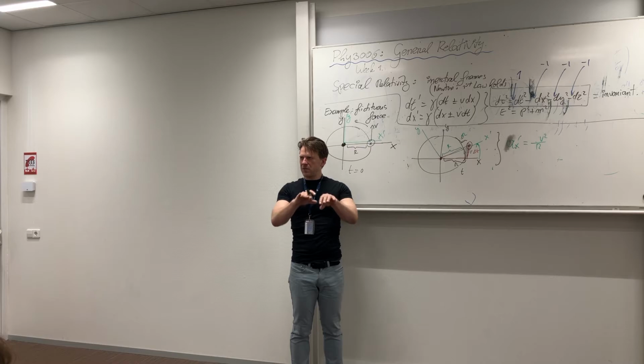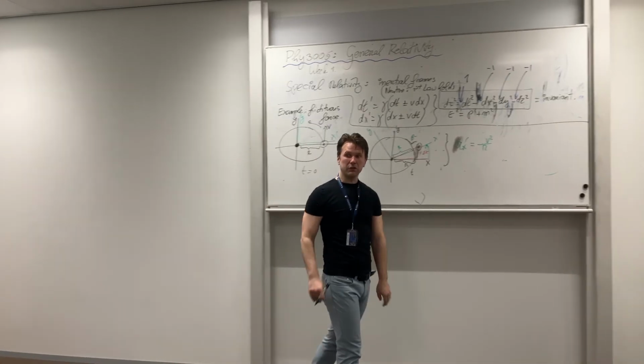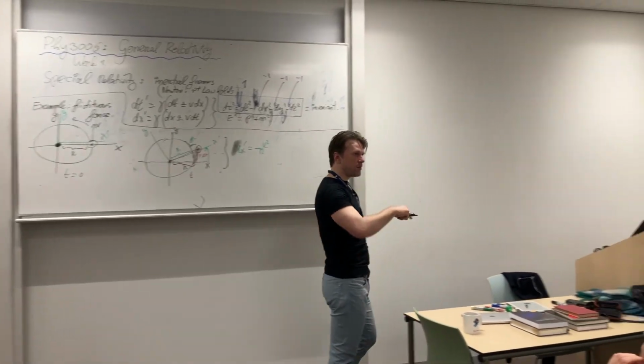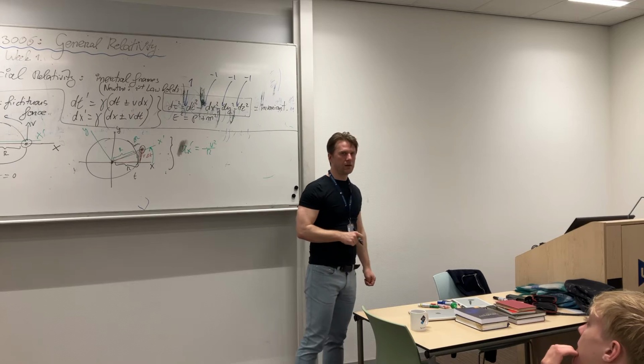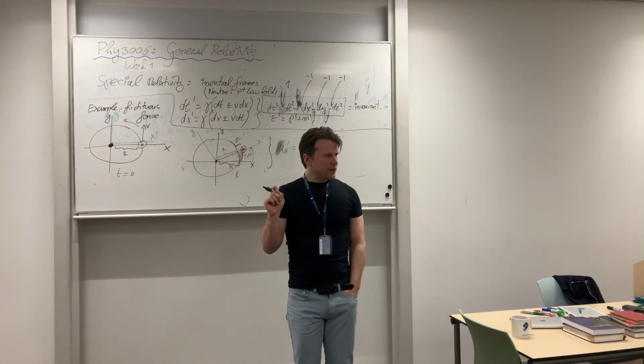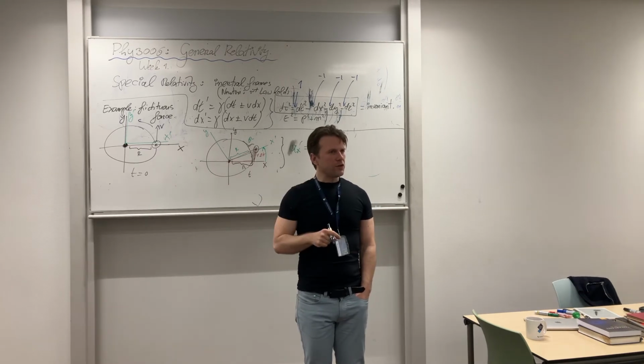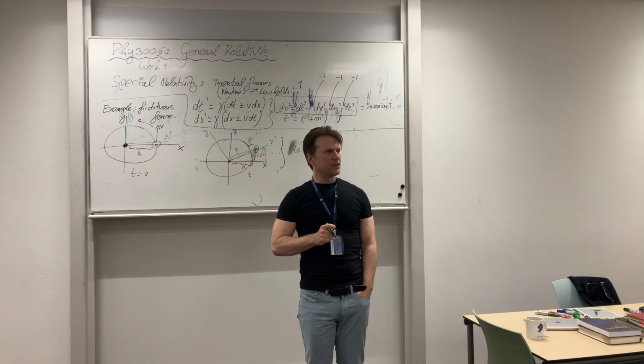So numbers will change, but there are combinations of numbers that will not. The rules by which your light and your energy and so on behave, those rules themselves will not change. That's the principle of relativity. Numbers can change, the rules will not. Now this is almost philosophy more than physics, but it simply says that nature does not care who looks at it and under what circumstances. The rules do not care.